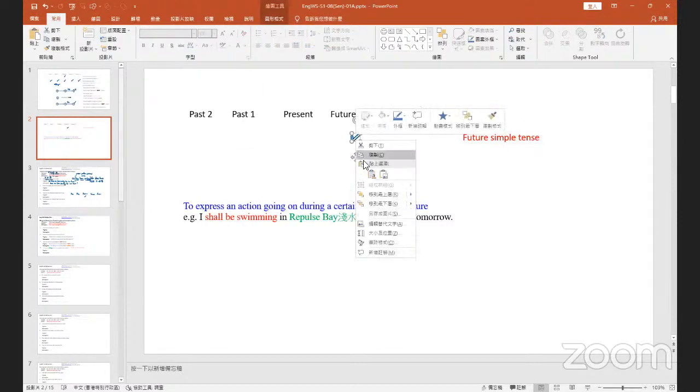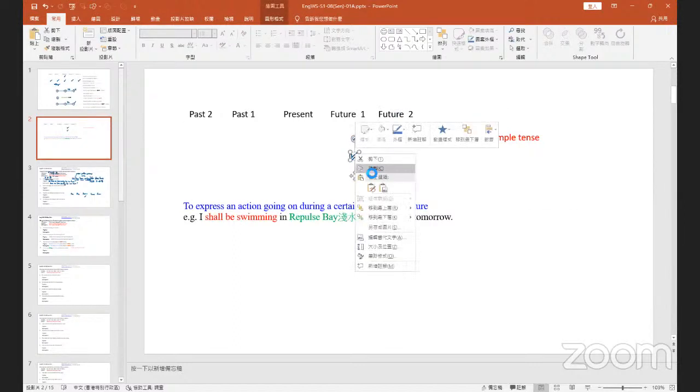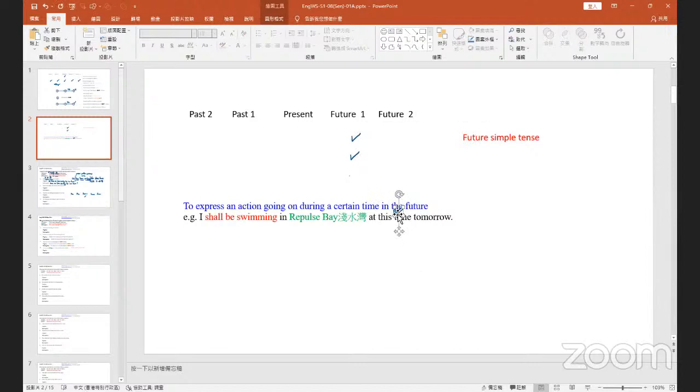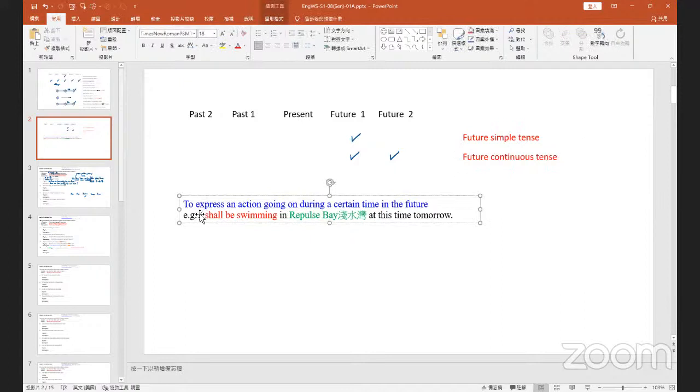If something happens in the future and continues for a period of time, then we use future continuous tense. I shall be swimming, say for 2 hours.